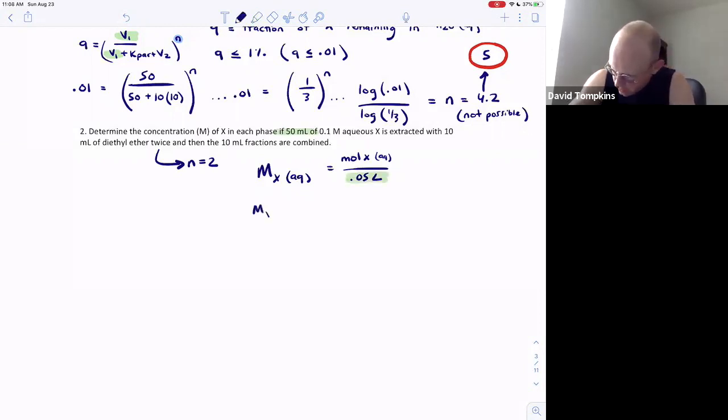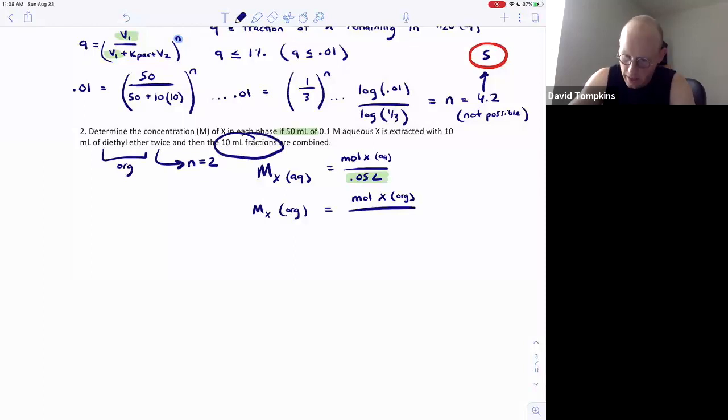The molarity of X in the organic phase is going to be the moles of X that have partitioned into the organic phase divided by the volume of the organic. It says we use diethyl ether twice. That's the organic layer, 10 mil fractions at a time, and then we combine them.